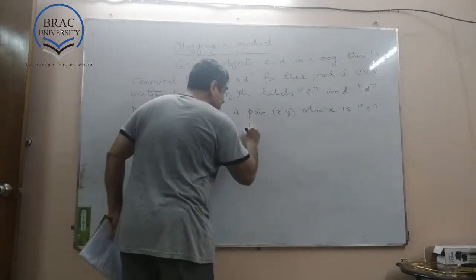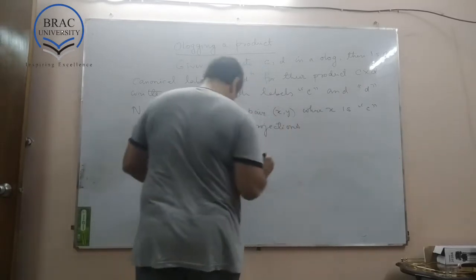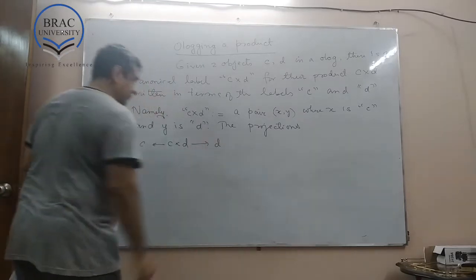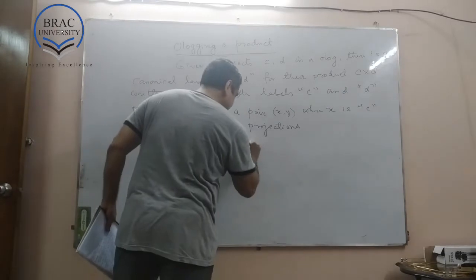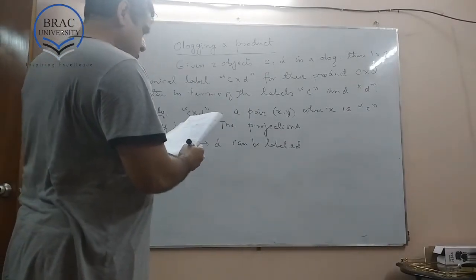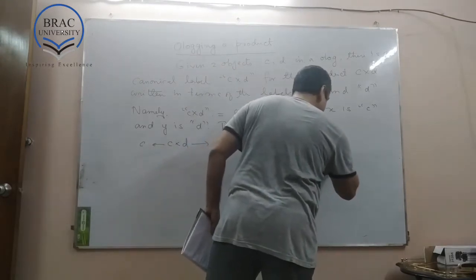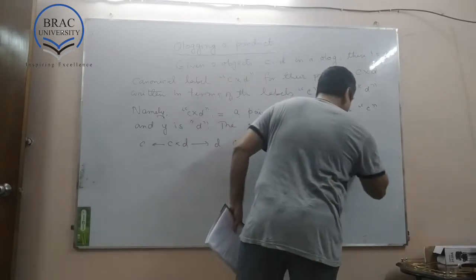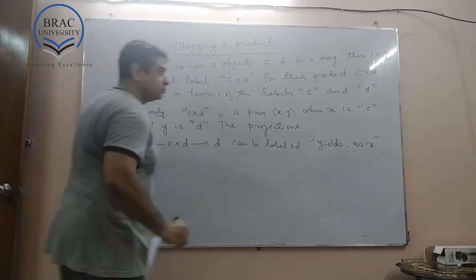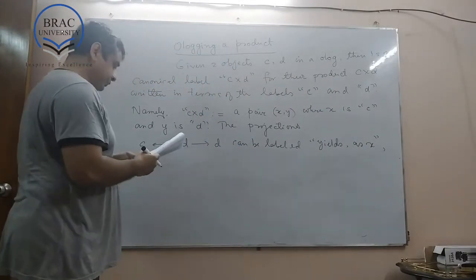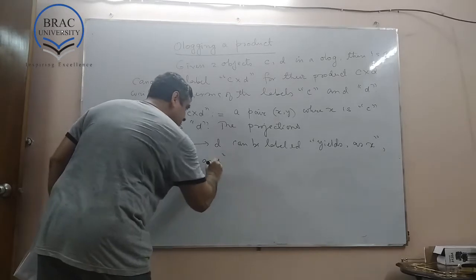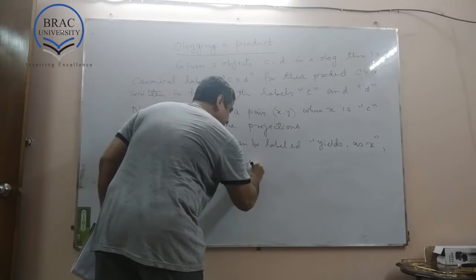The projections: there are two canonical projections, projection onto the first factor and projection onto the second factor, can be labeled 'yields as X' and 'yields as Y' respectively.